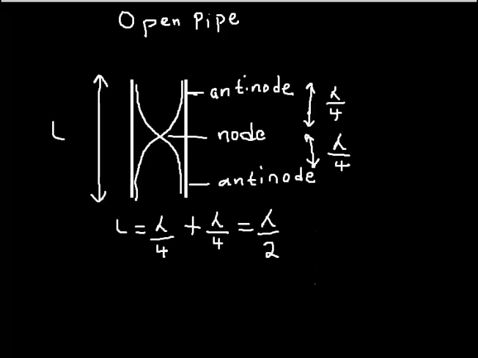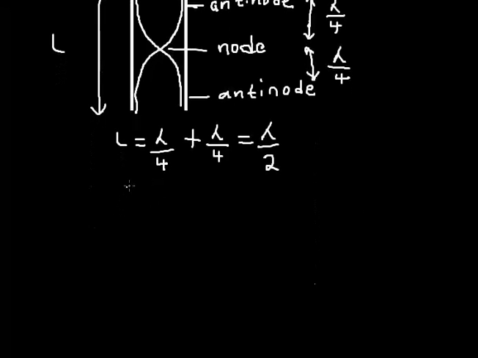So from here I can simply get my wavelength, because I need it. If I cross multiply, I'm going to have 2 times the length, so the wavelength is 2 times the length of the air column.